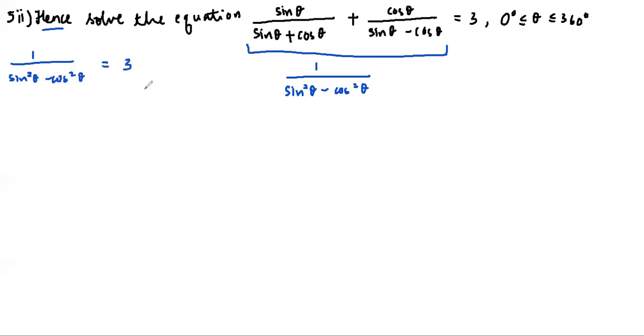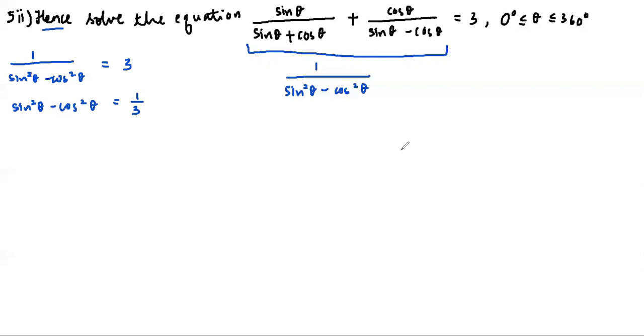Now, upon rearrangement, you can take the reciprocal on both sides so that sine square minus cosine square is now 1/3. Your sine square and cosine square, you need to make this in terms of either sine only or cosine only.